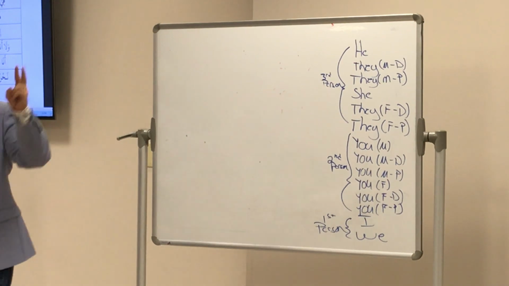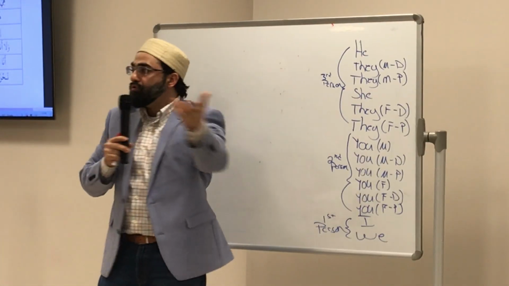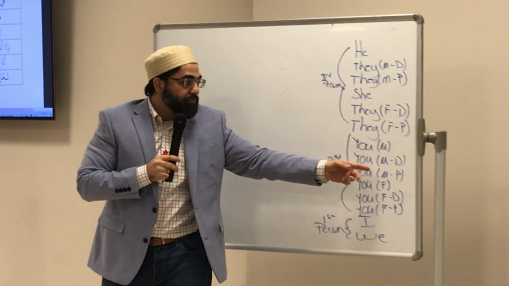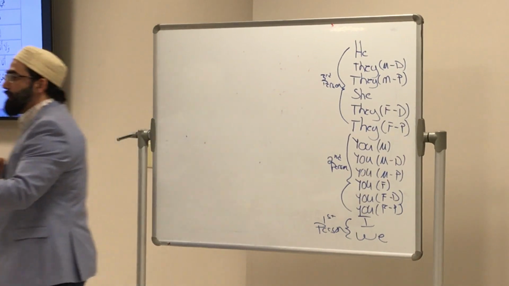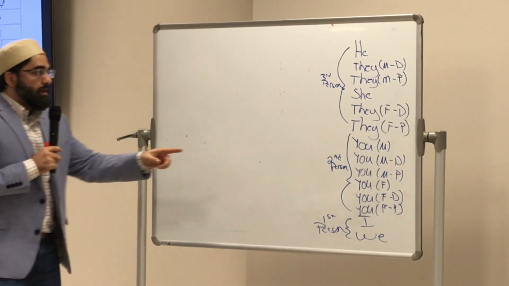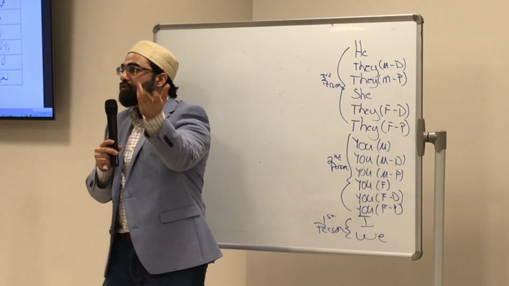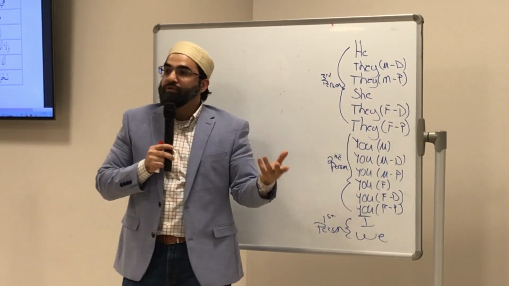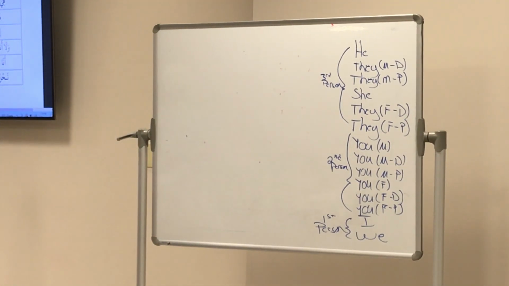If I'm talking to two males, male dual, I just say you. If I'm talking to three or more people, at least one of them male, male plural, I just say you. If I'm talking to one female, I just say you. Two females, you. Three females, you. Now, if I'm talking about myself, I say I. And if I'm talking about me and a group of people, I say we.